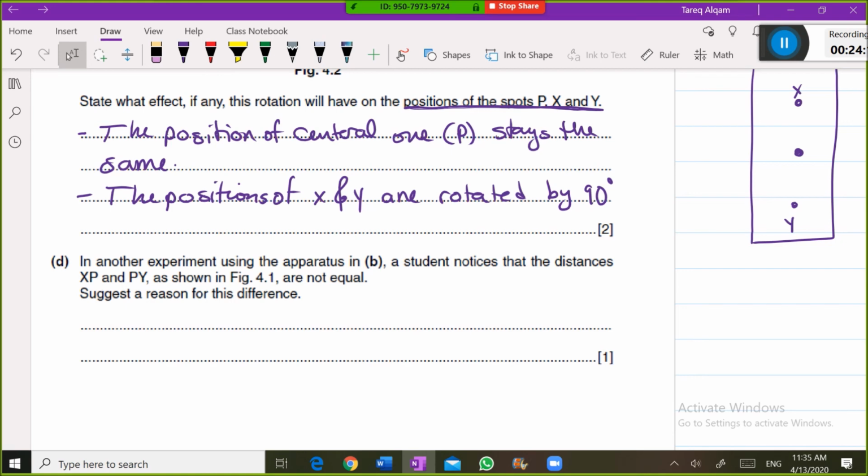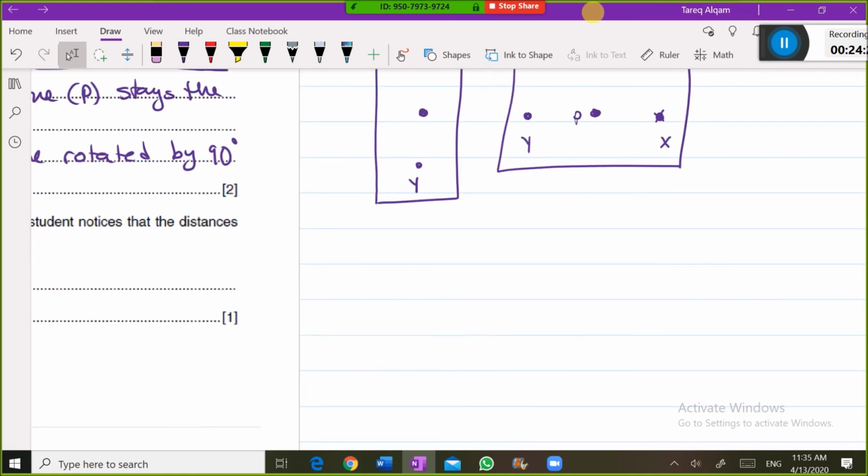This is the diffraction grating, this is the screen, and the screen might be tilted, or the diffraction grating and screen are no longer parallel, or the beam is not perpendicular.